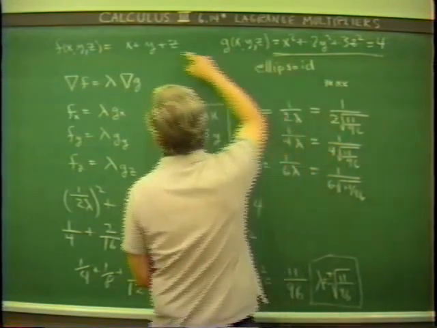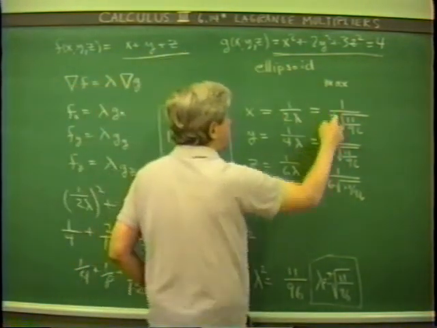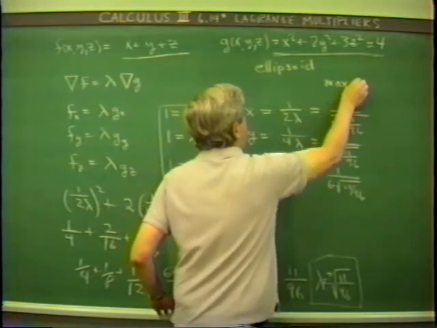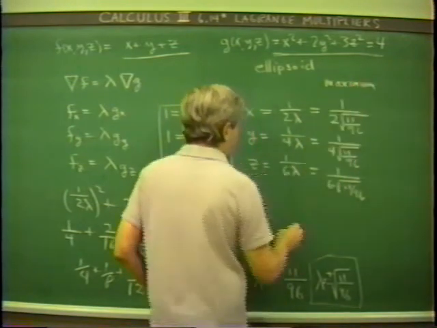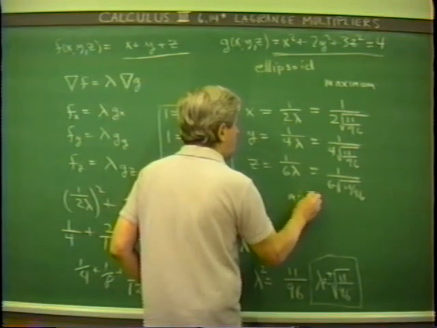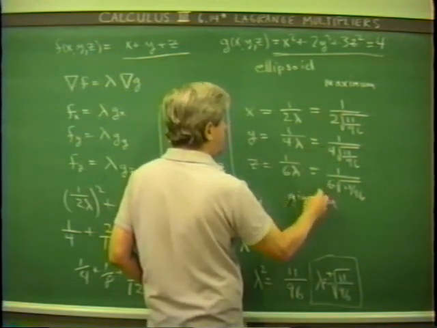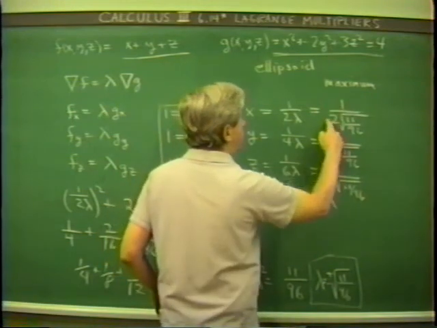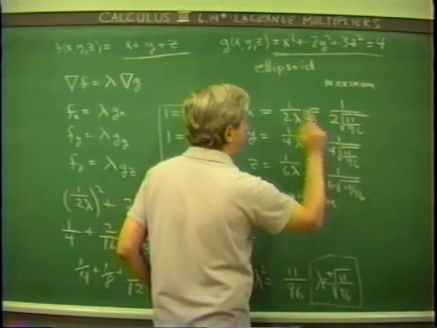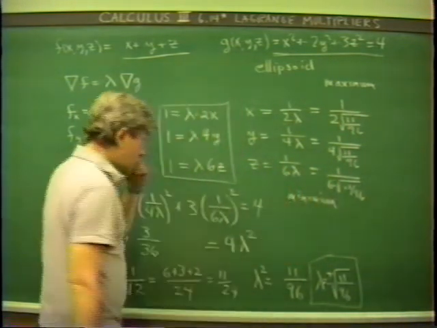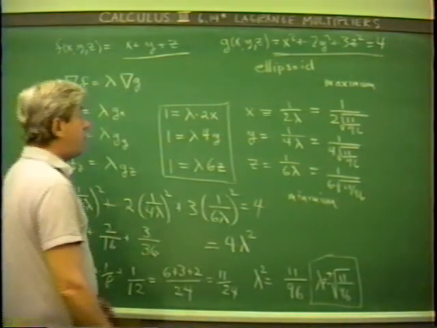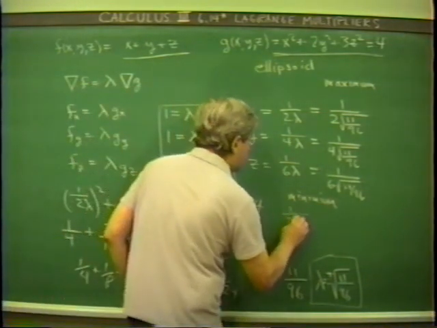Z is equal to 1 over 6 square root of 11 over 96. And for the plus, these are clearly the maximum. That's to say this function right here takes on its maximum when all of these are plus. The minimum is going to be when all of these are minus.